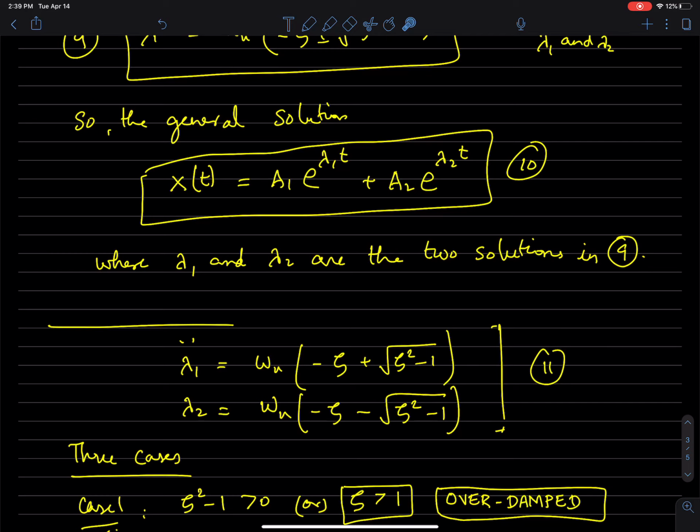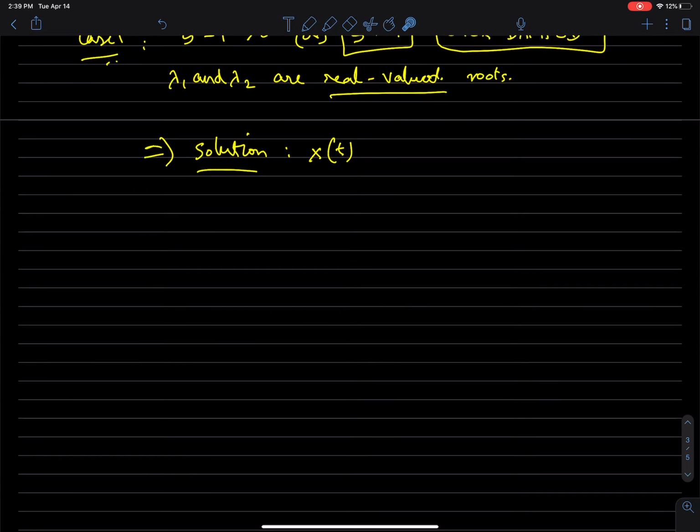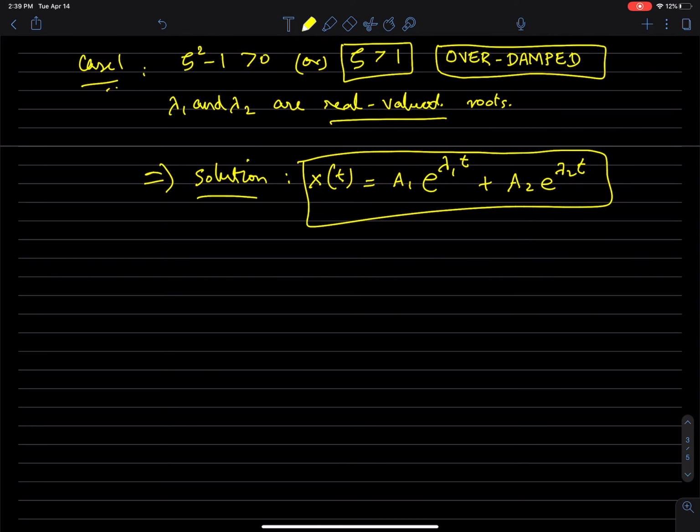If lambda 1 and lambda 2 are real valued, we can just leave it as it is. It's equal to a1 e power lambda 1 t plus a2 e power lambda 2 t. So that is a solution.